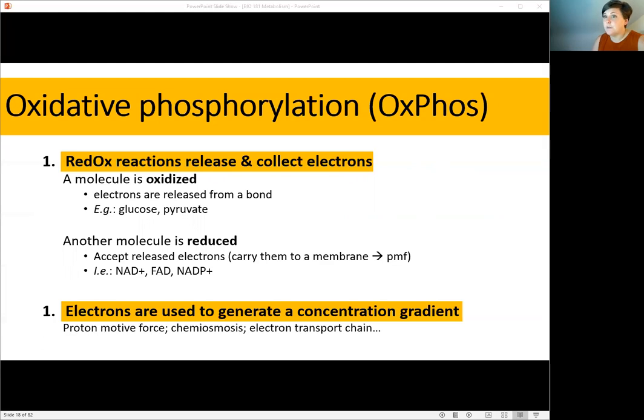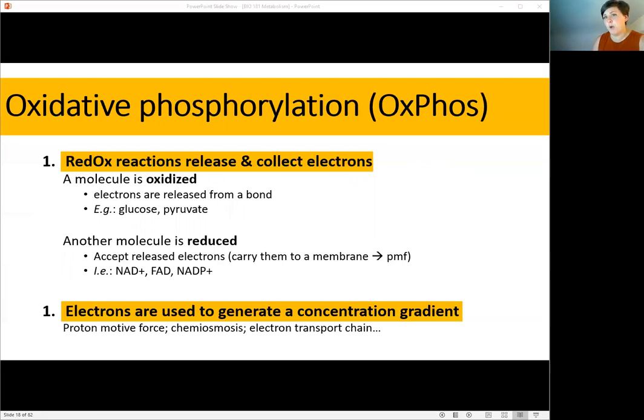So again, terminology is really important here. We understand that phosphorylation is referring to a phosphate being added to ADP to create ATP. But why oxidative? Well, in chemistry, oxidation is the term for a reaction in which an electron is lost from a substrate.